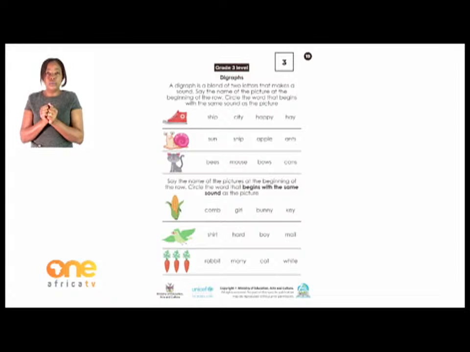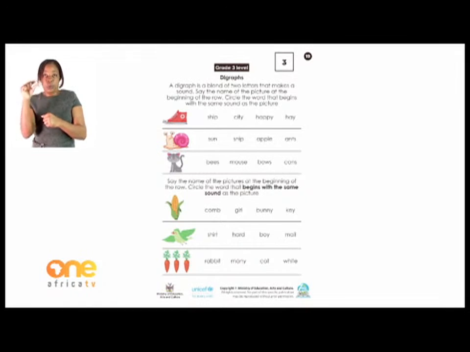A digraph is a blend of 2 letters that makes a sound. If 2 letters come together and make one sound, that is a digraph. So now we have the digraphs which are here, but to get the sound and the correct answer, we have to check the picture which is given to us. Then we will know what sound is represented by the picture.